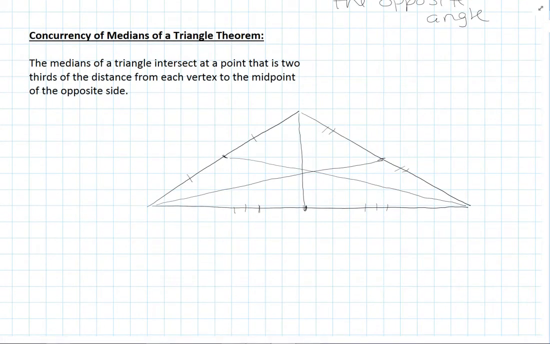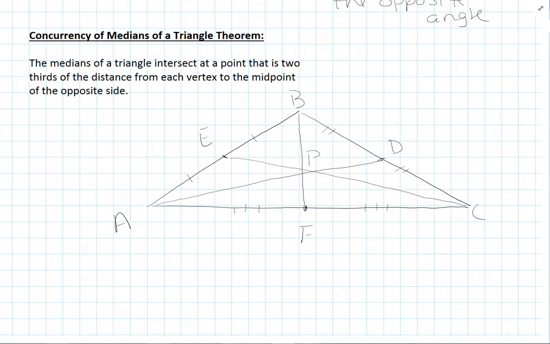What this theorem says is, let me label the triangle for you. Alright, so this theorem says the medians of a triangle intersect at a point that is 2/3 of the distance from each vertex to the midpoint of the opposite side.